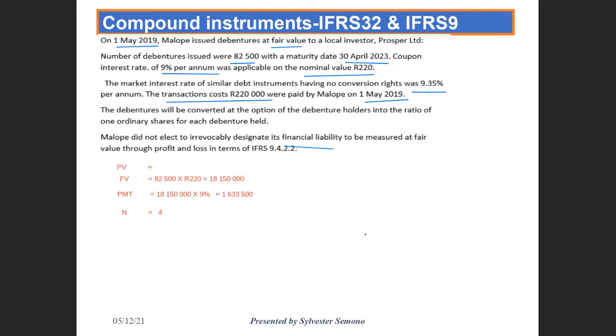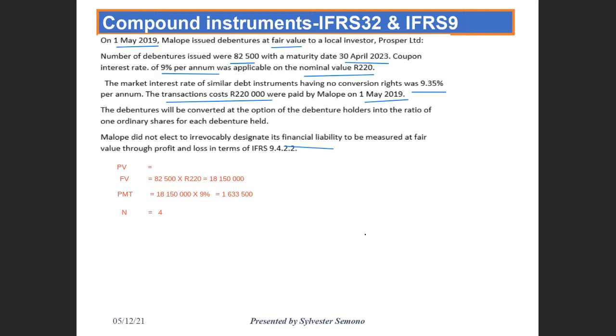That is the effective annual interest. Remember, the effective annual interest differs from the nominal interest, because the effective one takes the other factors into consideration. In other words, it has features of compounding. It is compounded. So when you see market interest rate, just know that this is called the effective annual rate.